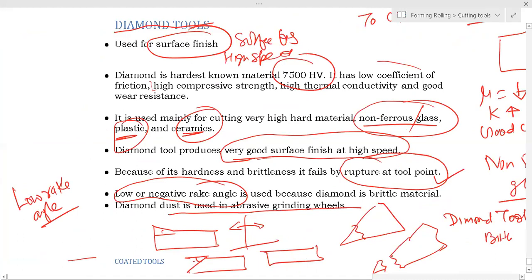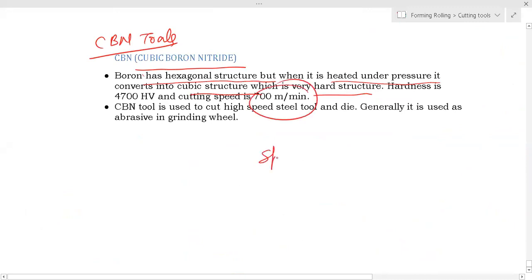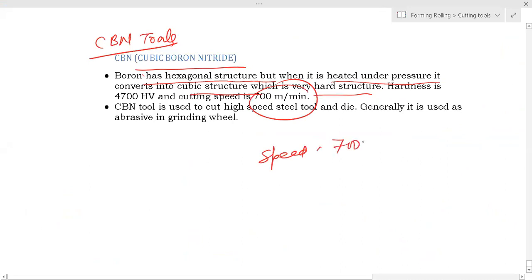Then you have the cubic boron nitride, CBN tool. Boron nitride has a hexagonal structure, but when it is heated under pressure, it converts into a cubic structure, which is a hard structure. So this speed is your 700 meter per minute, the highest.